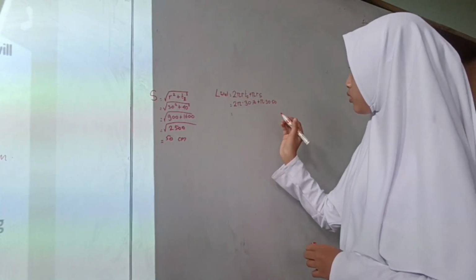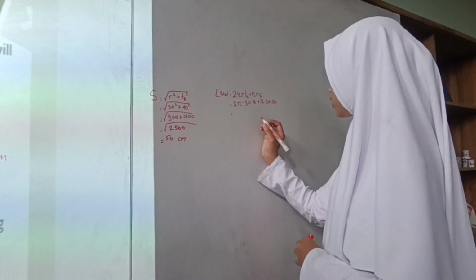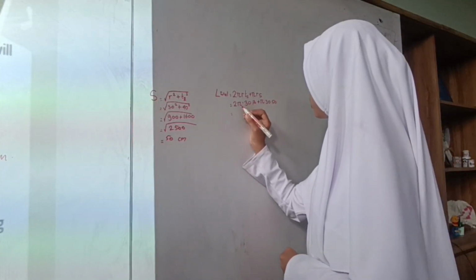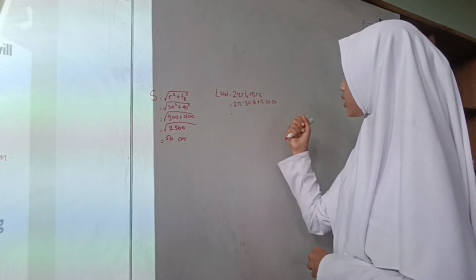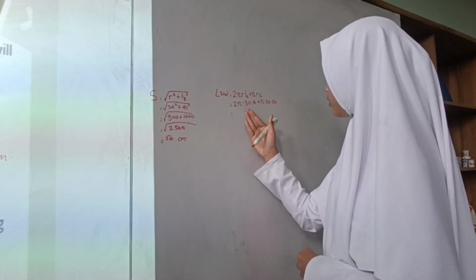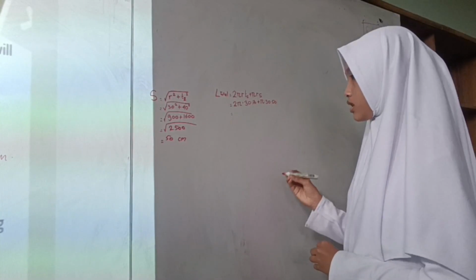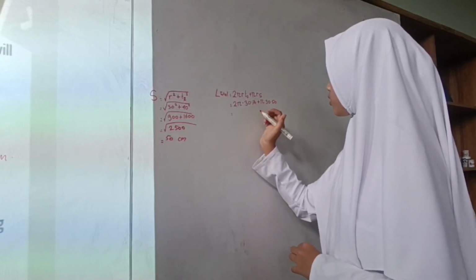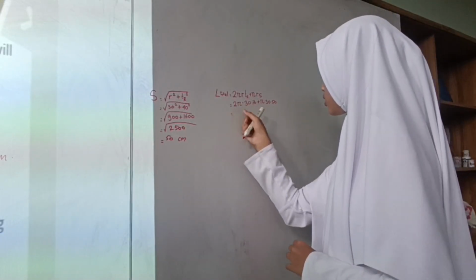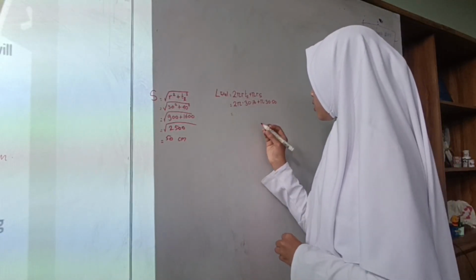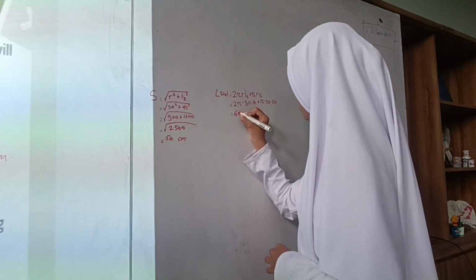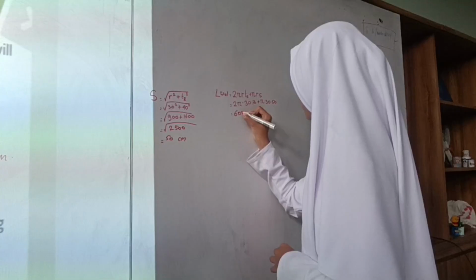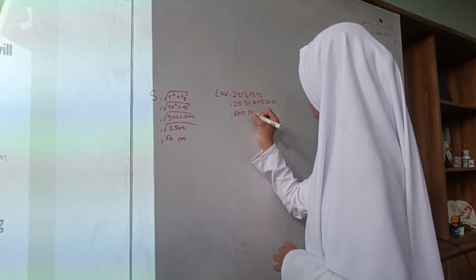So we will times the 2 times with 30 and 70, because for the pi we can calculate it in the last one. So we can calculate 30 times with 2, which is 60, times with 70.